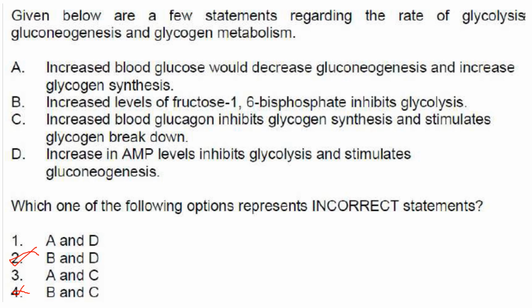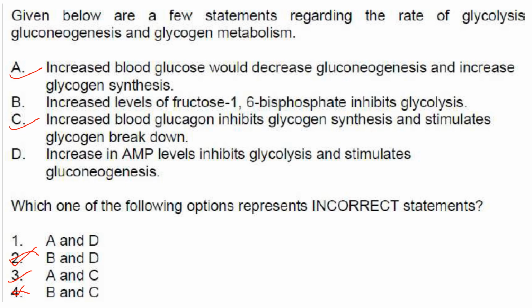That's correct. Glucagon is released when blood glucose is low and it signals the liver to break down glycogen into glucose and decrease glycogen synthesis, thereby increasing blood glucose level. So C is also correct. So you got your answer, which is the third one, A and C.